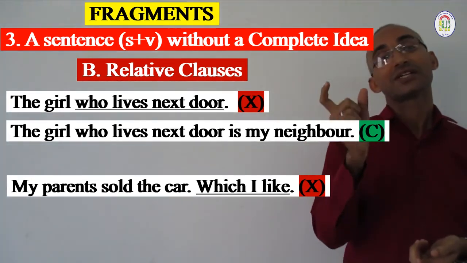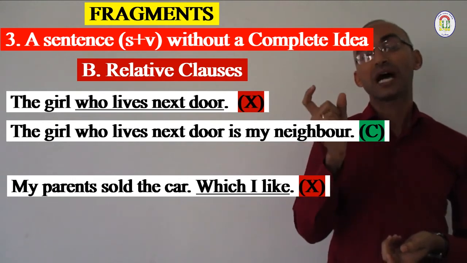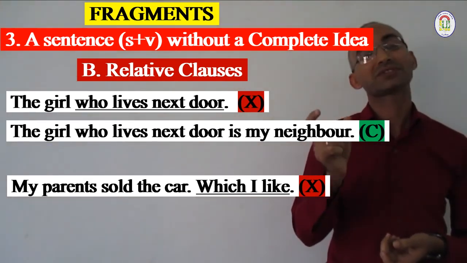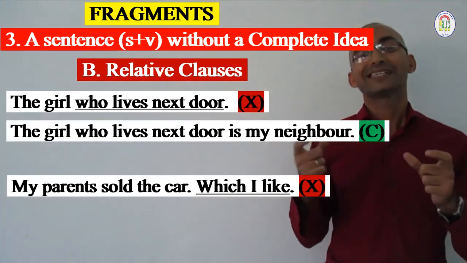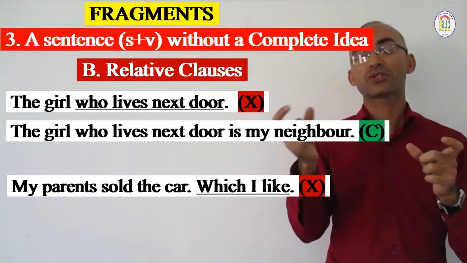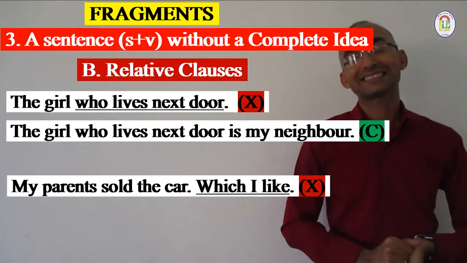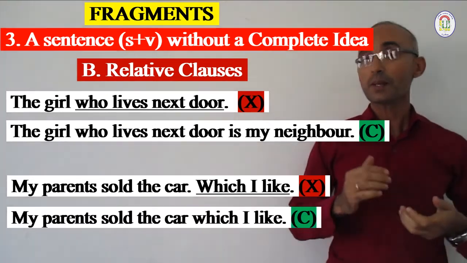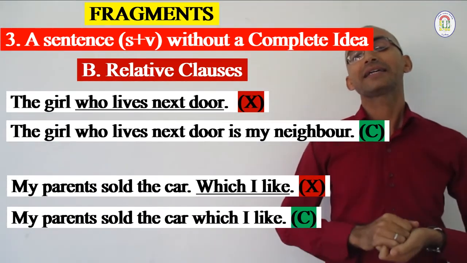This dependent clause, which starts with a relative pronoun in English, can never stand alone. So we incorporate it, join it to the independent clause to form one complete sentence and to correct this fragment. And we write, "My parents sold the car which I like."